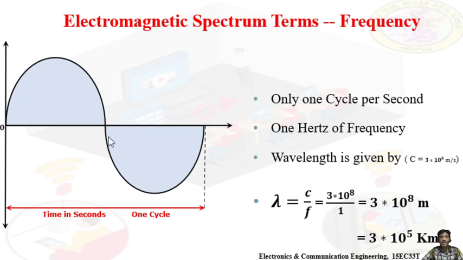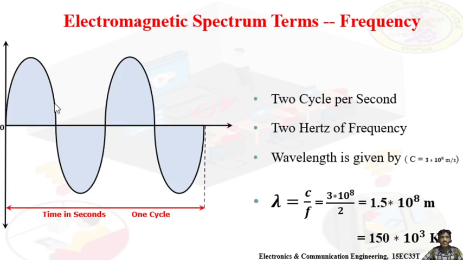If the frequency doubles, then what happens? The frequency doubling means two cycles are there in 1 second. If there are two cycles in 1 second, then lambda, that is the wavelength, becomes 150 times 10 to the power of 3 kilometers.